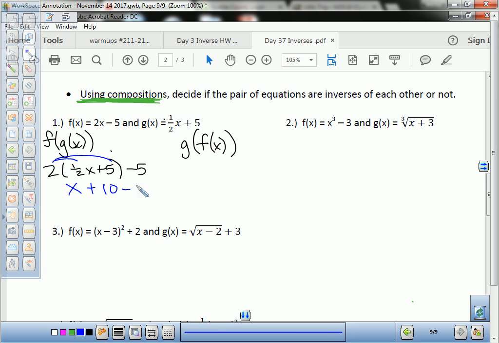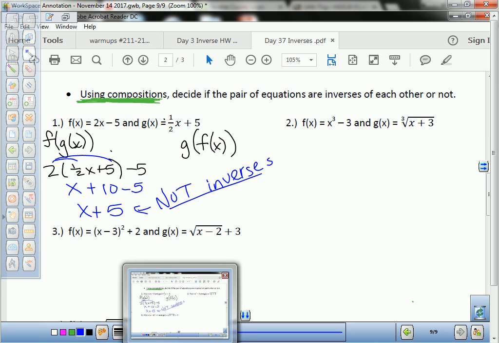Plus 10 minus 5 is not just x. Not inverses. I don't even have to do the other one. This one just proved they are not inverses. What if the other one was x plus 5? It doesn't matter. It's got to just equal x, and it didn't.